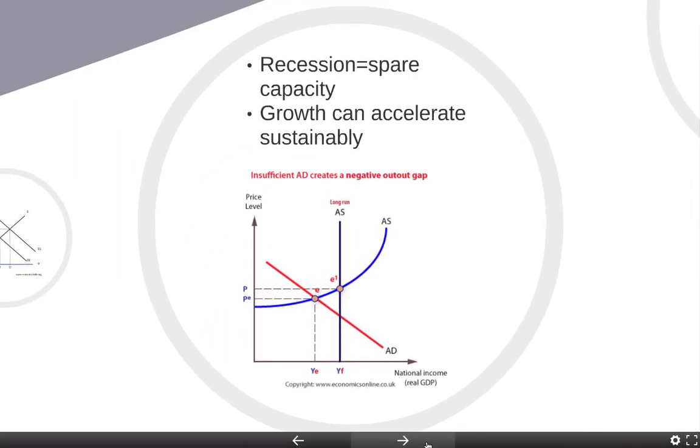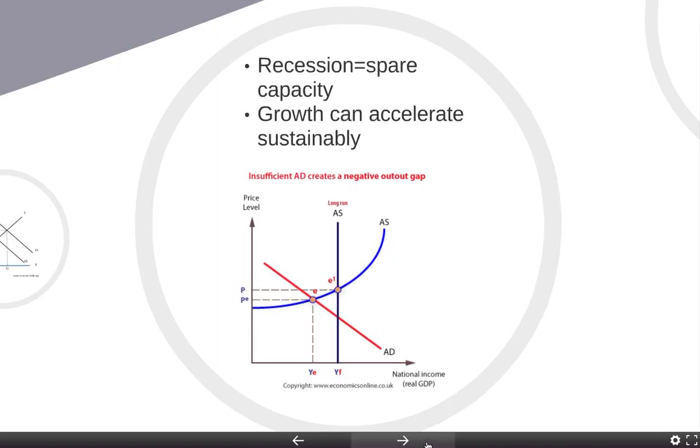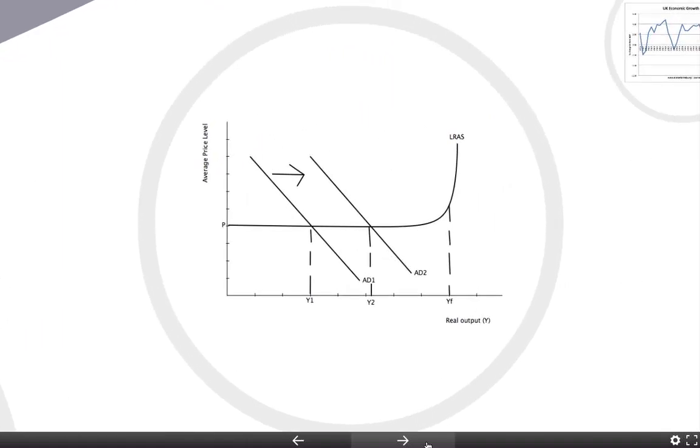In some circumstances, after a recession, there will be a negative output gap where short-run national equilibrium is less than the long-run aggregate supply curve. There is a spare capacity in the economy as shown in the diagram. In this situation, the economy can grow faster than the long-run trend rate without causing inflation.